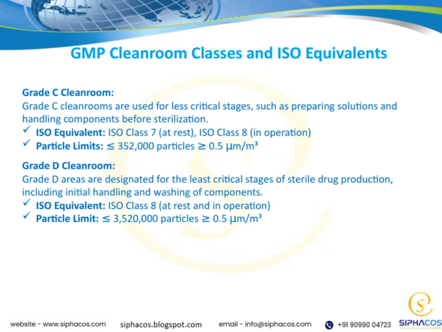They generally align with ISO Class 8 both when at rest and during operation, reflecting a slightly relaxed control compared to higher-grade cleanrooms. Understanding these classifications helps us ensure the right environment for each stage of production, maintaining product quality and compliance with GMP standards.